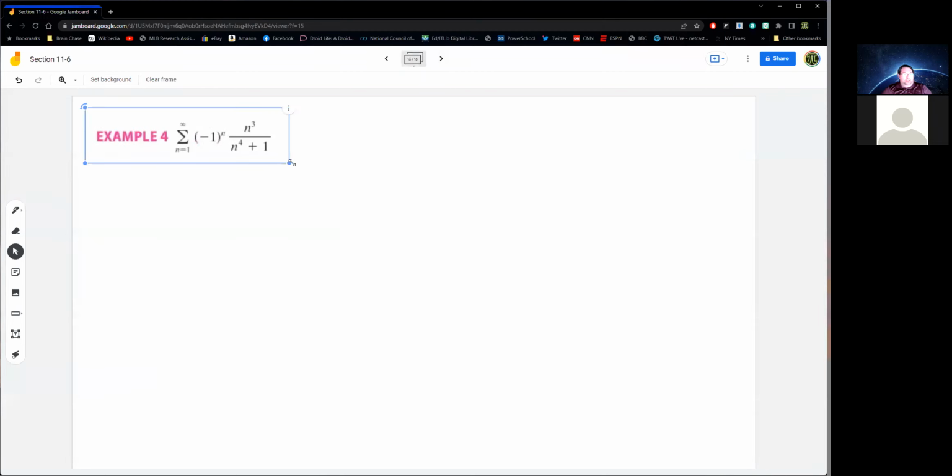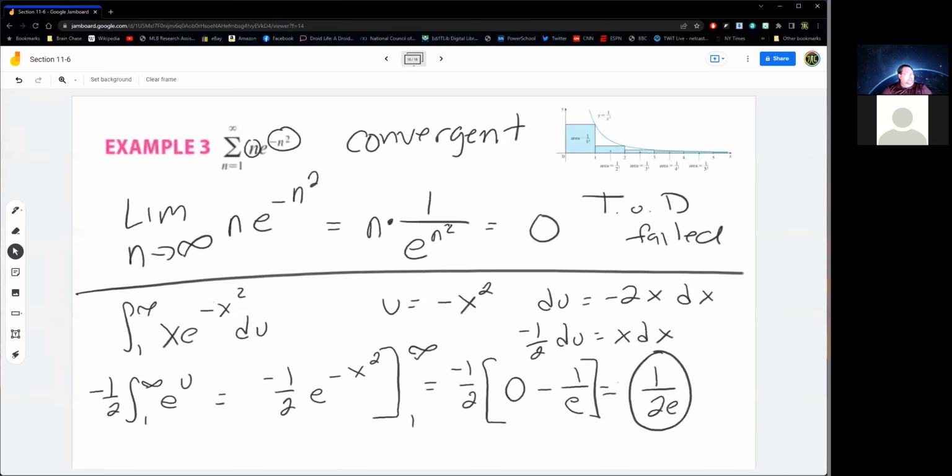All right, next one. In that last example, Professor, with the integral test, you have to have that continuous, positive, and decreasing, right? Correct. Yes. And I didn't actually test that, I just assumed it at this point. But yes, you do have to make sure that it's continuous, that it is positive, and that it is decreasing. The limit test right here kind of gave me the fact that it was decreasing because it's going to 0.